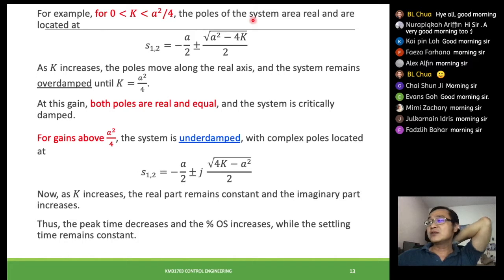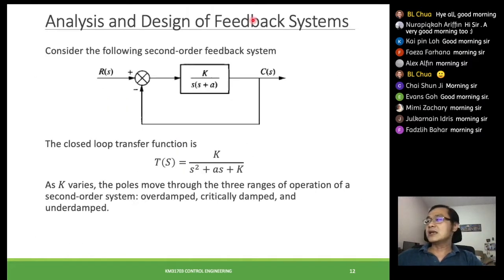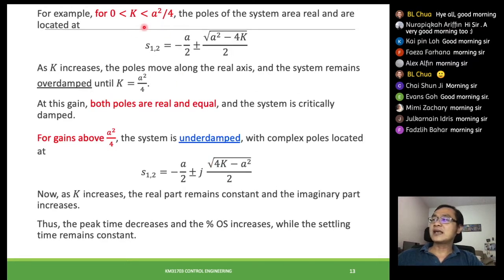And if we relate to these equations, where we use K and a instead of the damping ratio and the omega n, from there what we can see is that there is a point where we would reach critically damped performance, right?